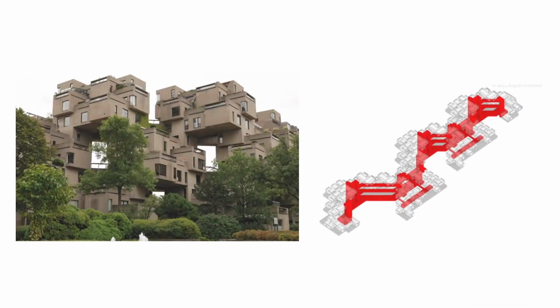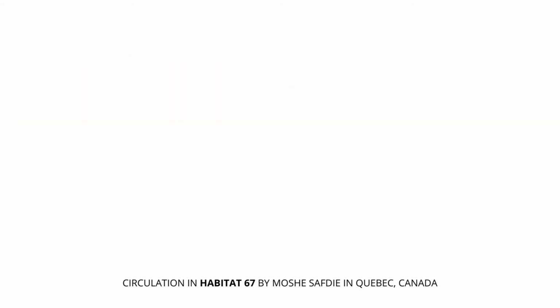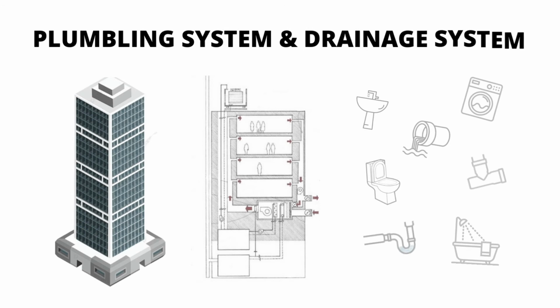In Habitat 67, designed by Moshe Safdie, all the parts of the buildings, including the units, the stacking elevator core, and the stairway, act as load-carrying members that are connected to each other by post-tensioning, high-tension rods, cables, and weldings.